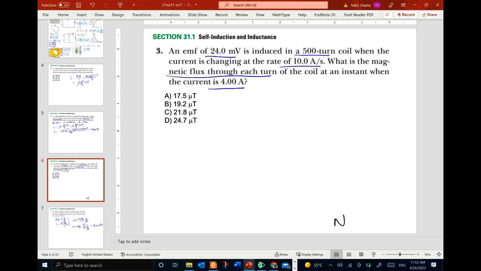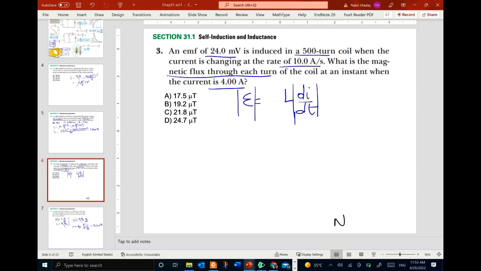So we have a rate of current change and we have a current. Okay, so first of all, since we have an EMF, we know the induced EMF is minus L di dt. Since they gave magnitude here, let me use absolute value here.